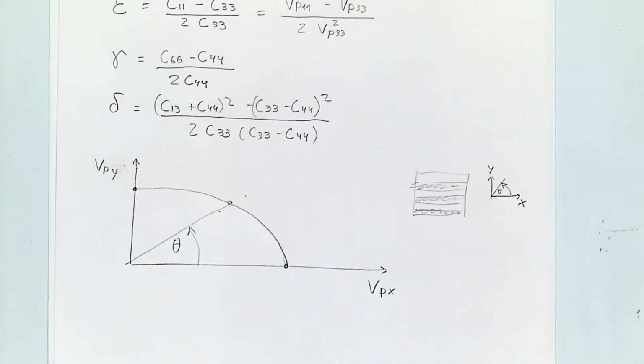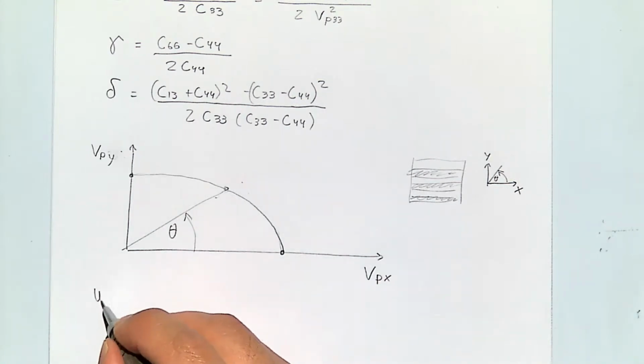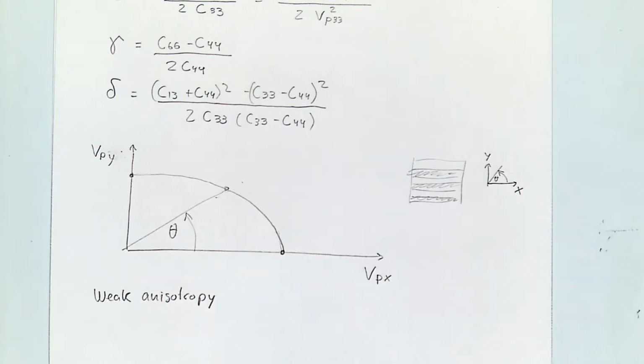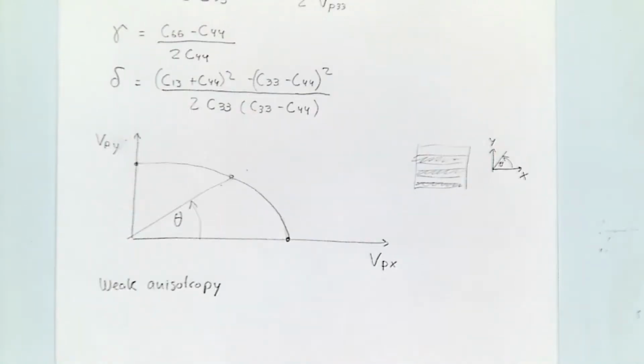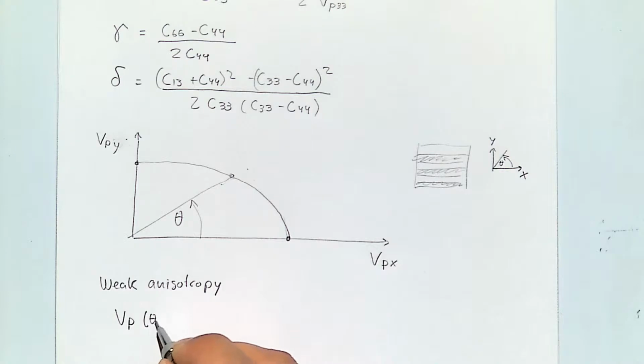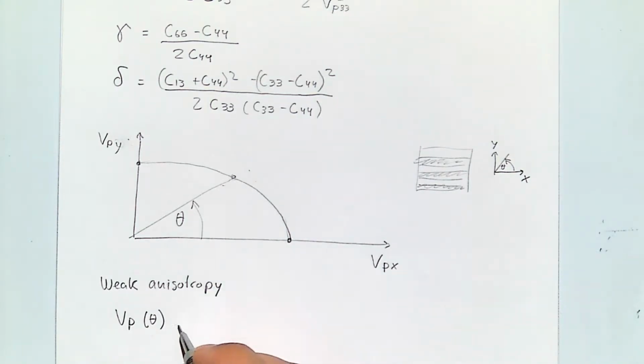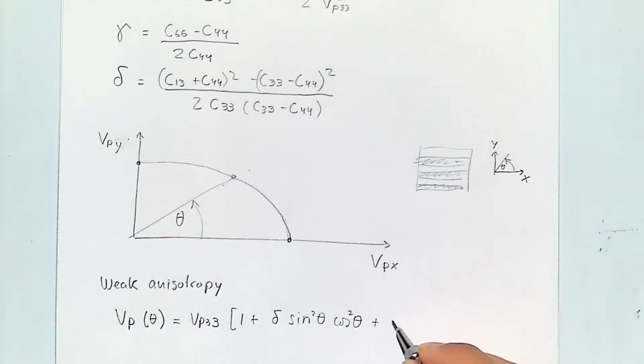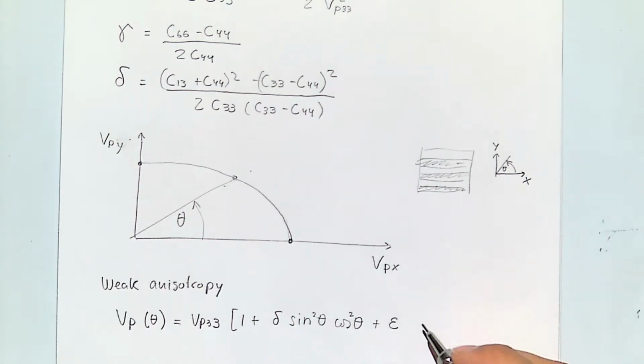In general, for what is called weak anisotropy, in which the parameters epsilon and delta are not too large, we can write this equation, and the P wave velocity at an angle theta is going to be a function of delta, a function of the angle, and also a function of epsilon.